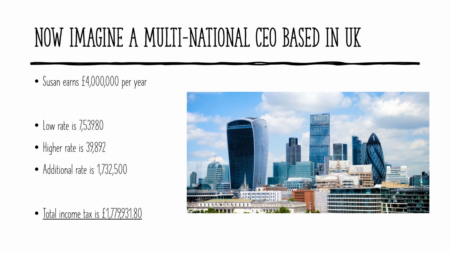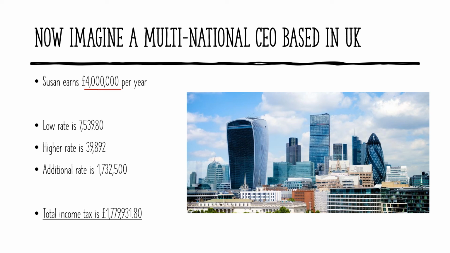She also pays the higher rate between the 50,000 and the 150,000 at 40%, which is roughly 39,892. And then the additional rate above everything that she earns at £150,000, which is obviously quite a lot of her salary because she's paid $4 million a year, lucky bugger, that will be paid at 45%.